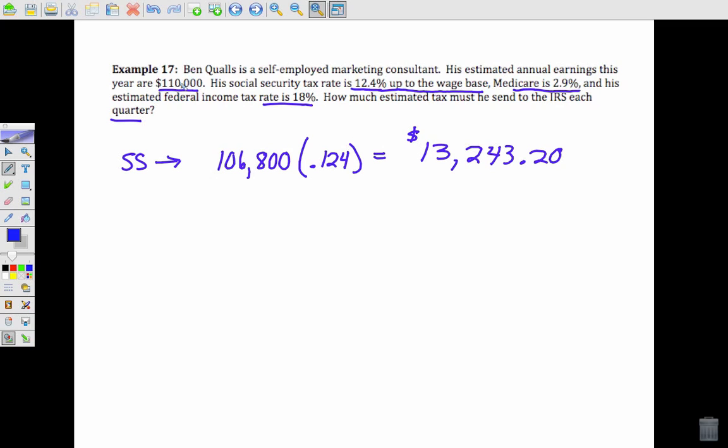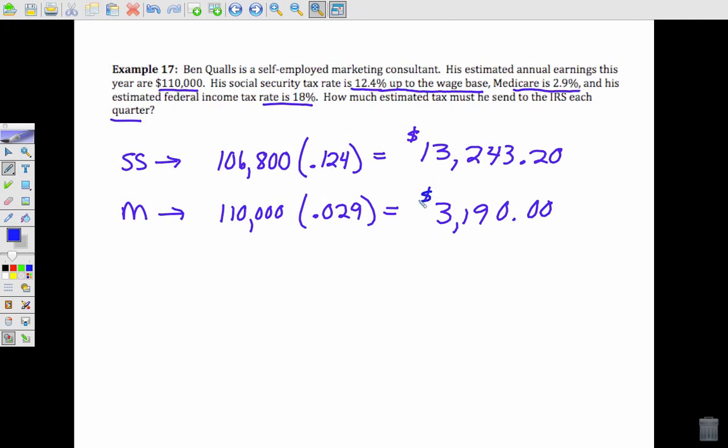This gives us $13,243.20. Remember, you're not taxed for the amount over. But for Medicare, there is no maximum amount. So for Medicare, we're going to take the $110,000 and multiply it by the 2.9% as a decimal, and this gives us $3,190.